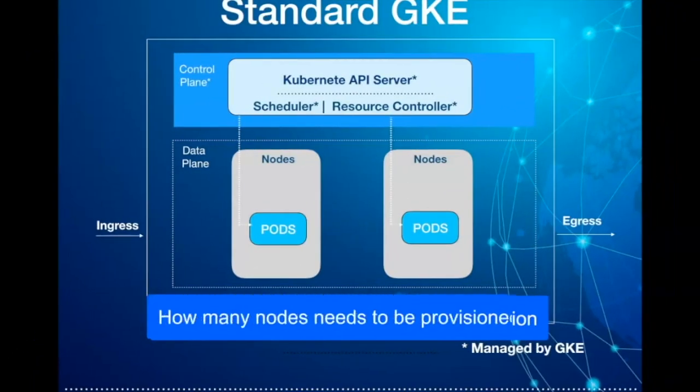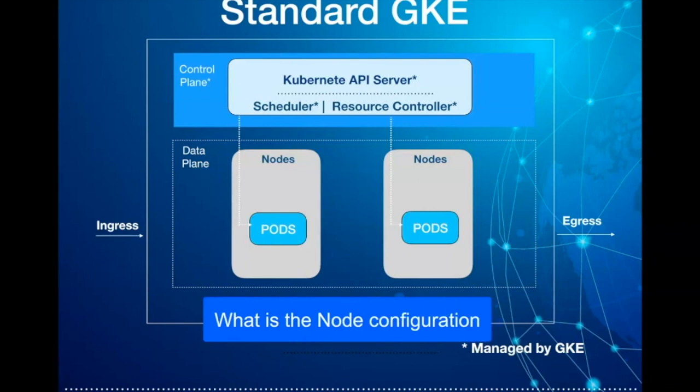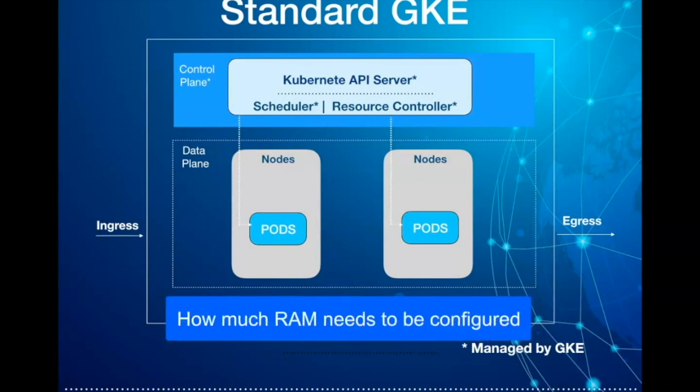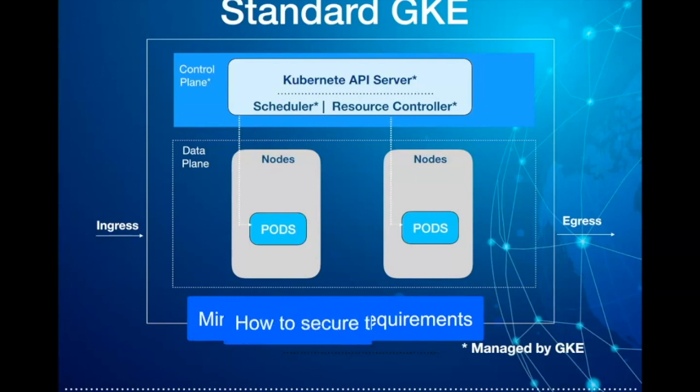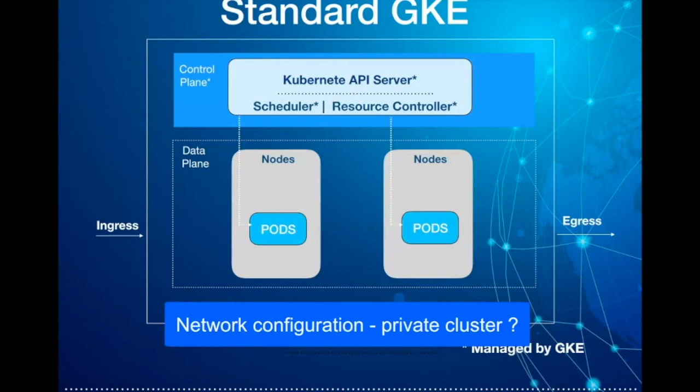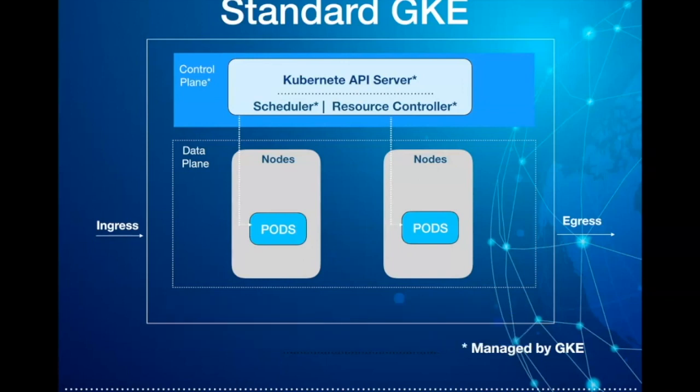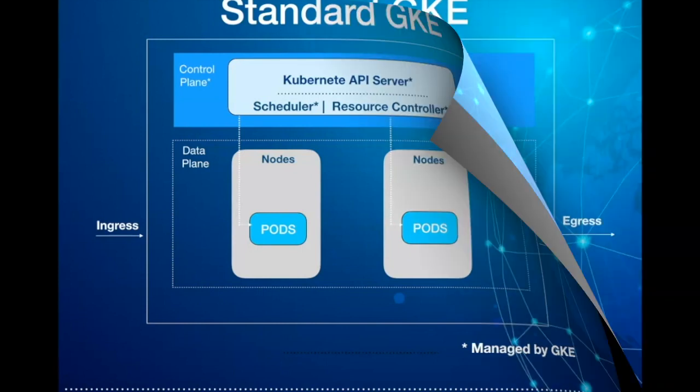For instance, how many nodes need to be provisioned, what is the node configuration, how much RAM is required, what is the minimum scalable requirements, how to secure the infrastructure, what is the network configuration, like should you go with a private cluster, and other choices that need to be made to set up the cluster.